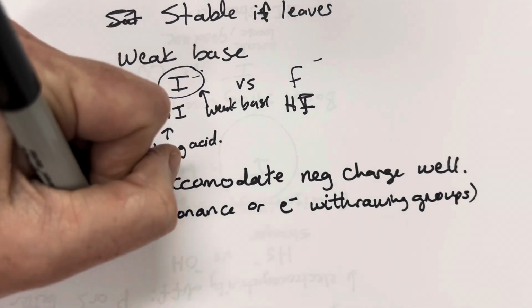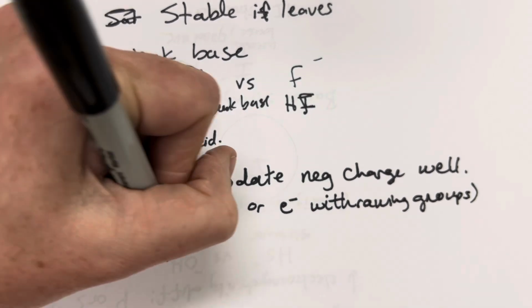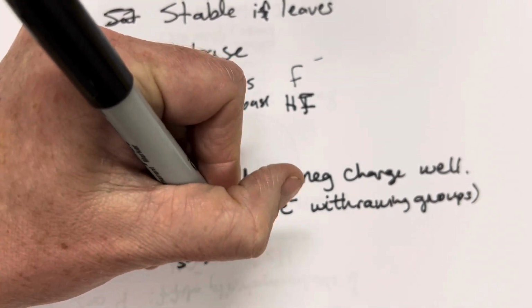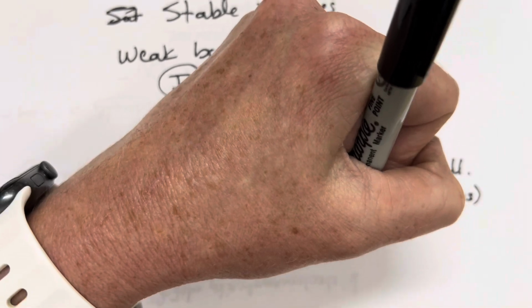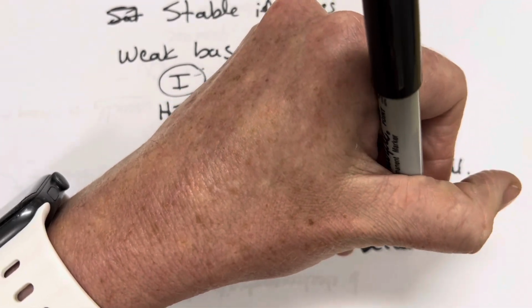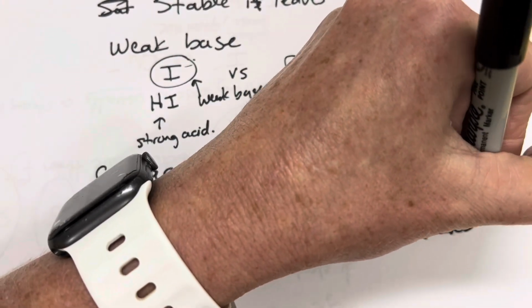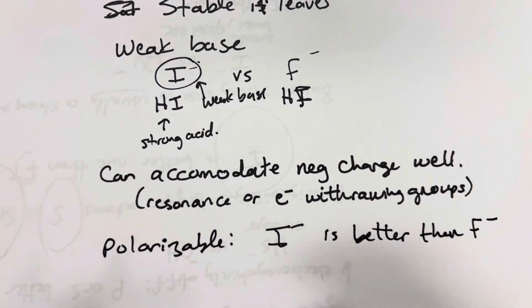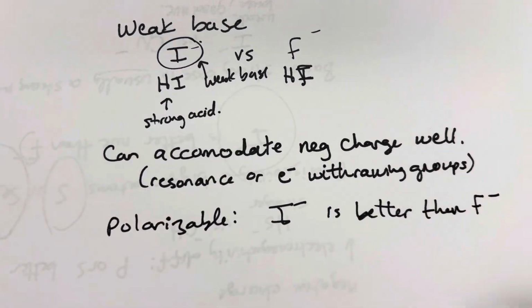The other thing is, again, if it's polarizable. As discussed, I minus is better than F minus. That's because the electrons can move around. It's got a little more wiggle room to stabilize itself when it leaves.